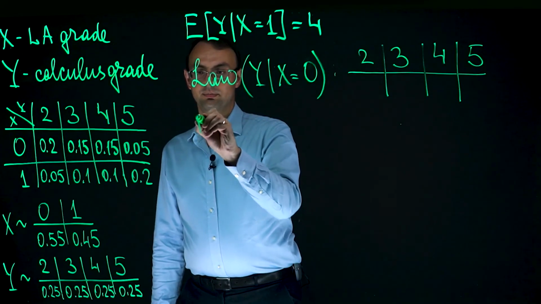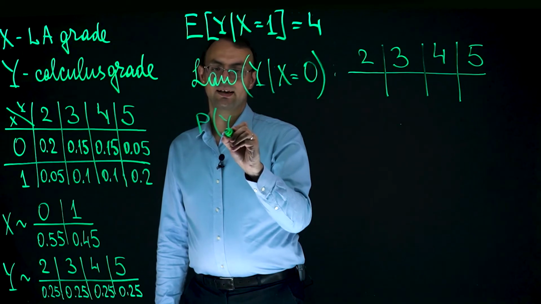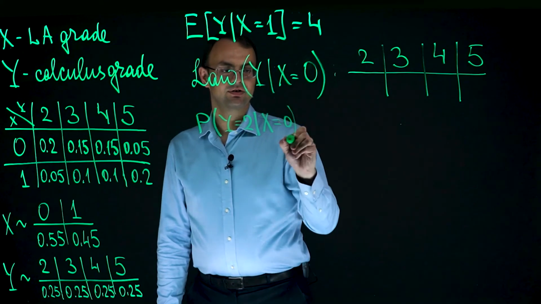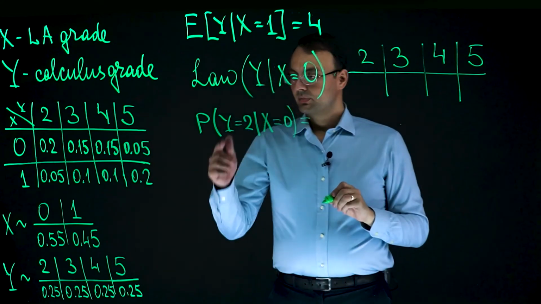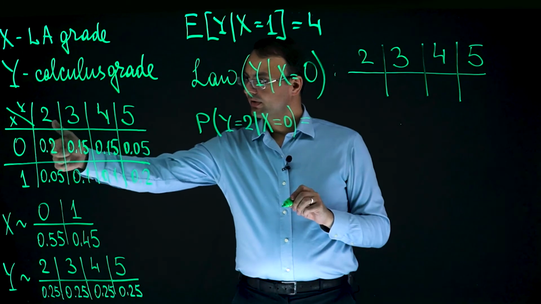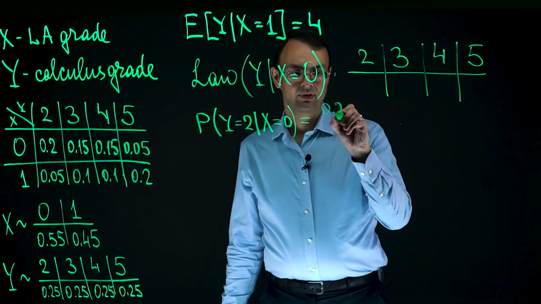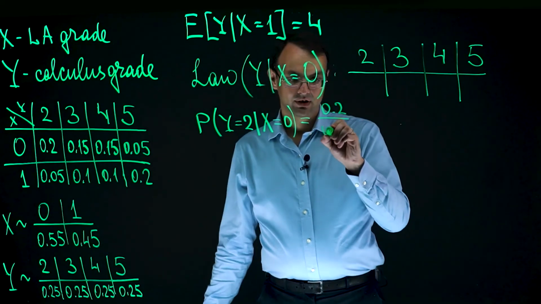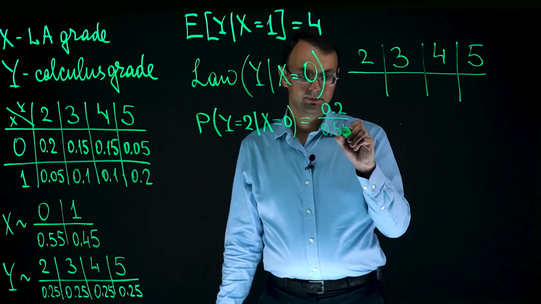So the probability that y is 2 given x is 0 is the probability that y is 2 and x is 0, that is 0.2, divided by the probability that x is 0, that is 0.55.